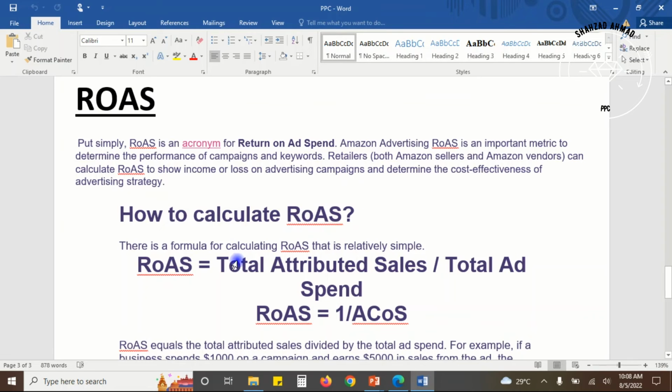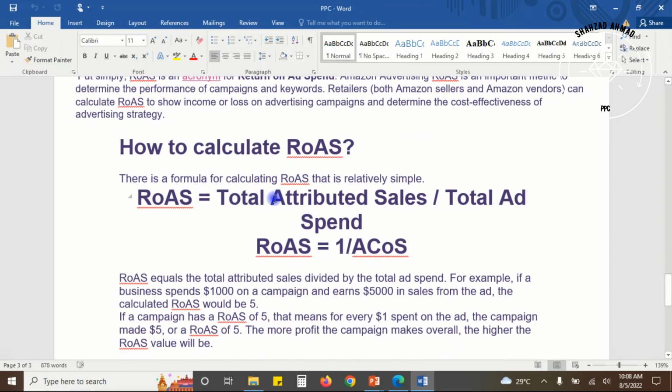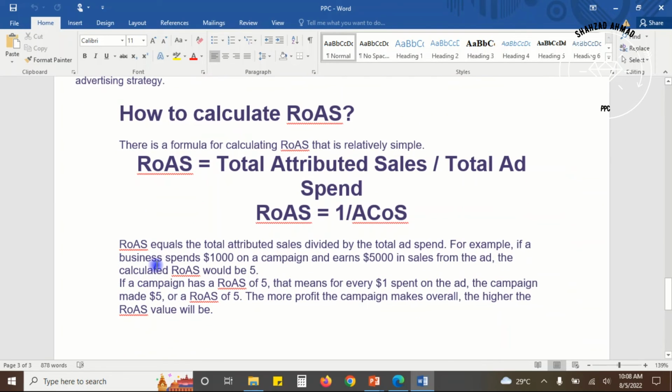And this is an important variable. You must understand it. This is its formula. How to calculate it? You will understand through this example: it equals the total attributed sales divided by total spent. For example, if a business spends $1,000 on a campaign and earns $5,000 in sales from the ad, the calculated ROAS would be 5.